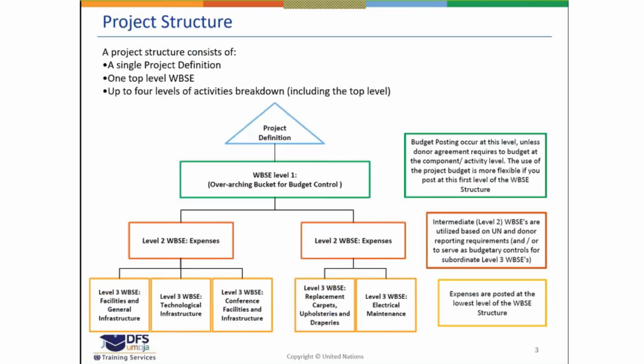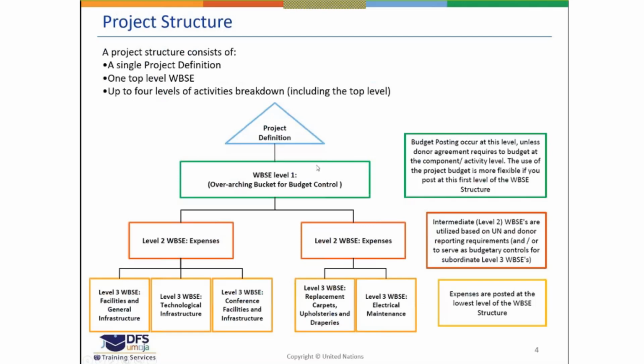Here we have an example of a project. We have a single project definition, and one level one that, as you can see, should be mainly the same. Very important, the budget is usually assigned or applied at this level one project level. Why? Because this is more flexible.